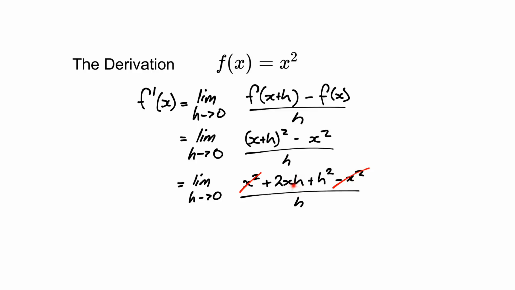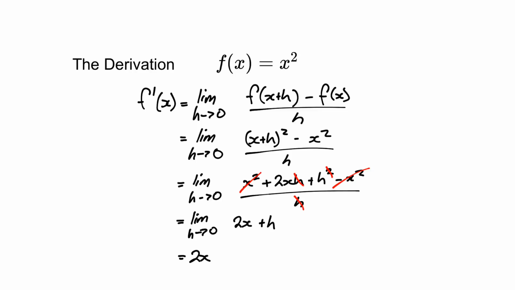We also have a factor of h here, a factor of h squared, and a factor of h down the bottom, so we can cancel out some of these h's, so that one goes, and we remove the square there, which gives our function equal to the limit as h tends towards 0 of 2x plus h. As the h goes towards 0, it is just going to be equal to 2x.